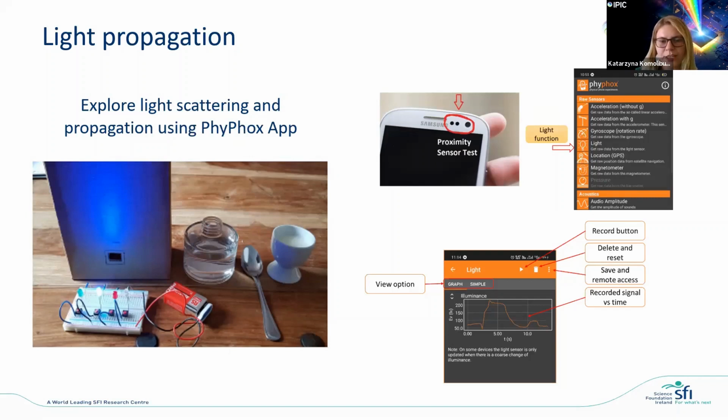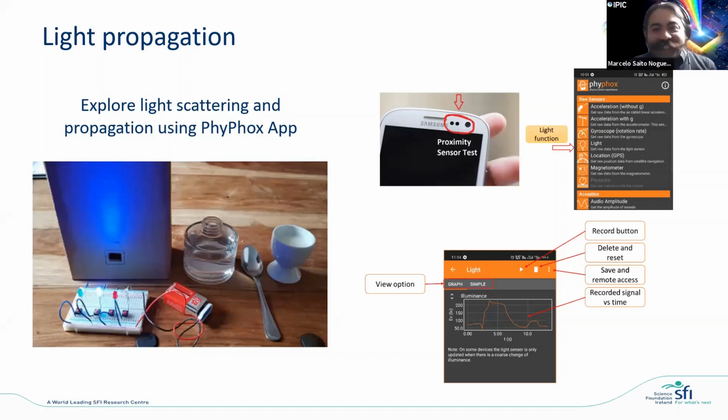So for some of the experiments, you might need to really find a darker place to be able to observe the effects of fluorescence, for example, or the light propagation. Also, because they are low power, they are eye safe, but please do not shine them directly into your eyes. So that's all from me. Back to you, Marcelo.